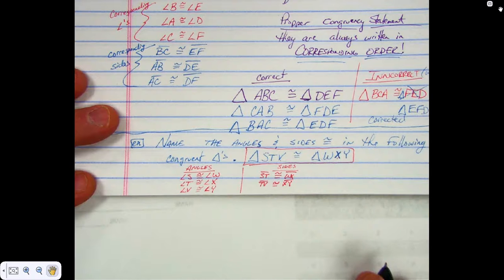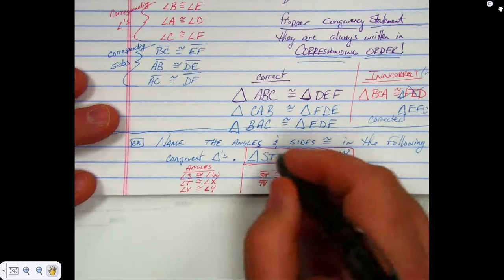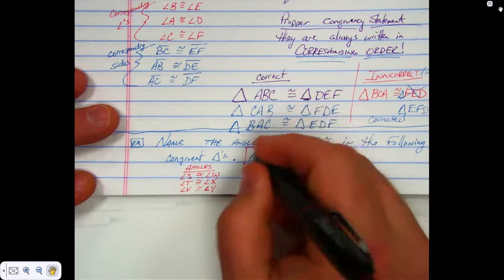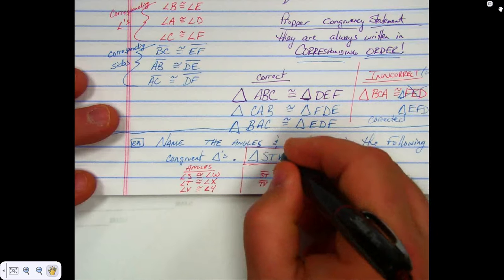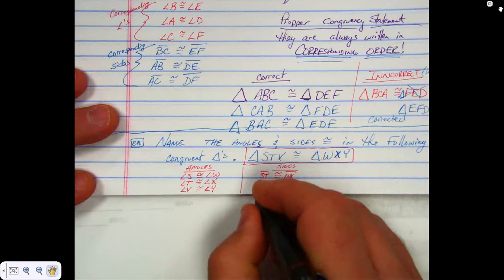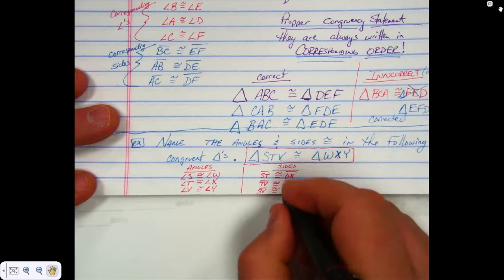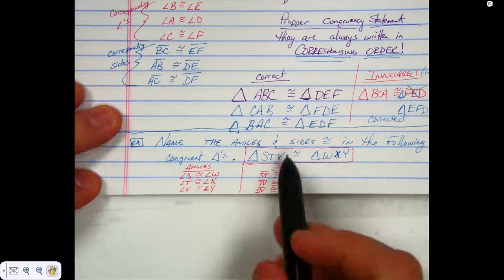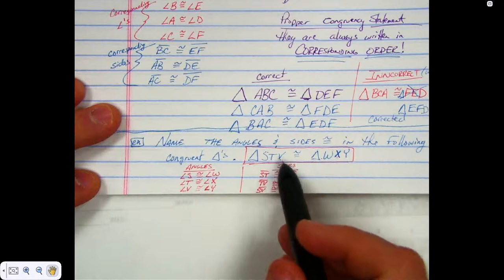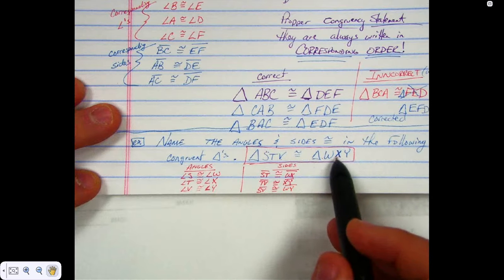Yep. The last one sometimes gives people problems because it's not written. I usually go from the first one to the last one, so SV is congruent to YW. Now, are you wrong if you wrote VT is congruent to YX?